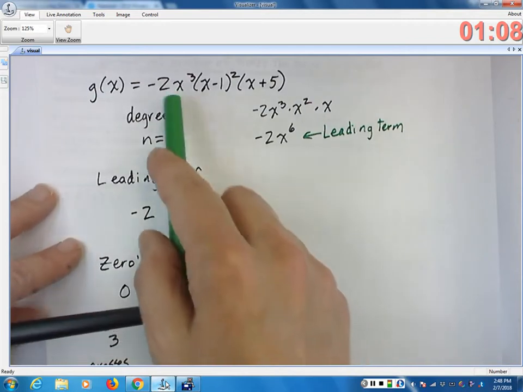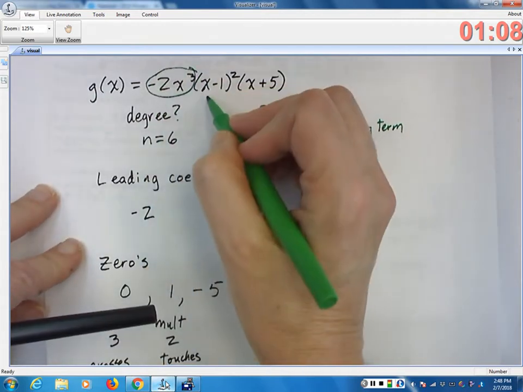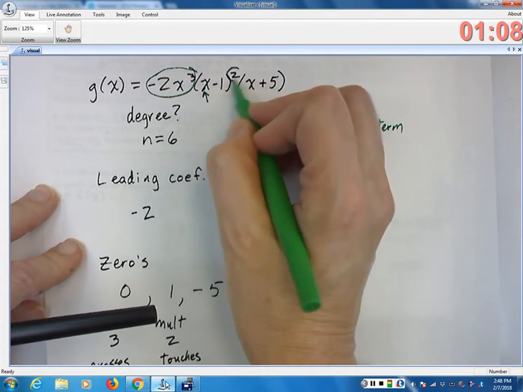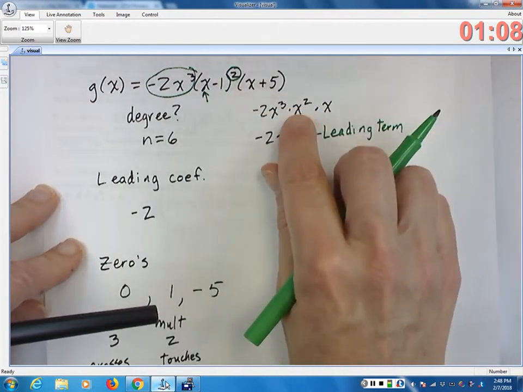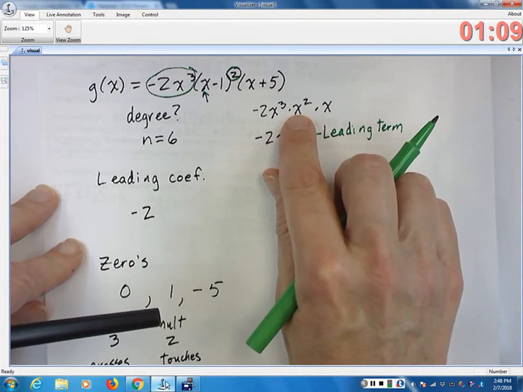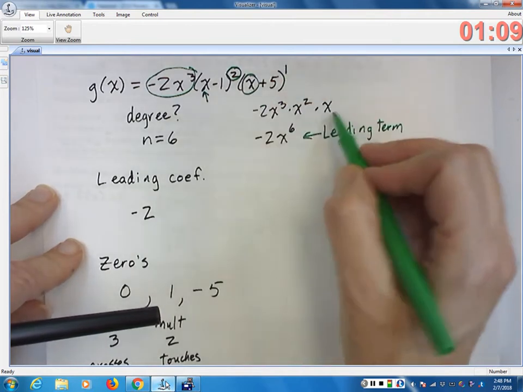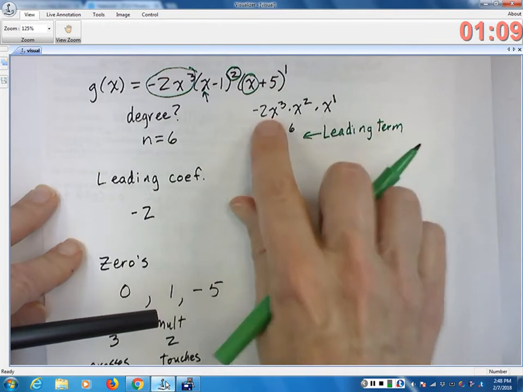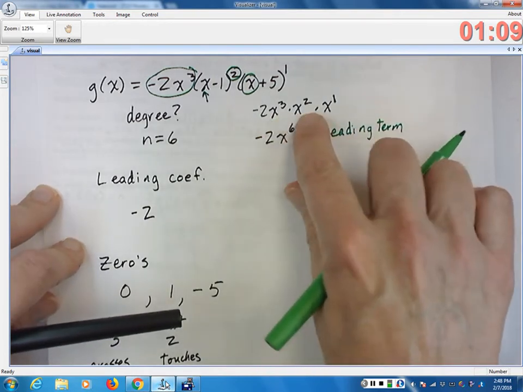So what you do is you take this part and then you take x, but because you're squaring it, the highest power you're going to get when you FOIL that is an x squared. And this is x to the 1, so you're going to take x. This is your leading term: minus 2x cubed times x squared times x.